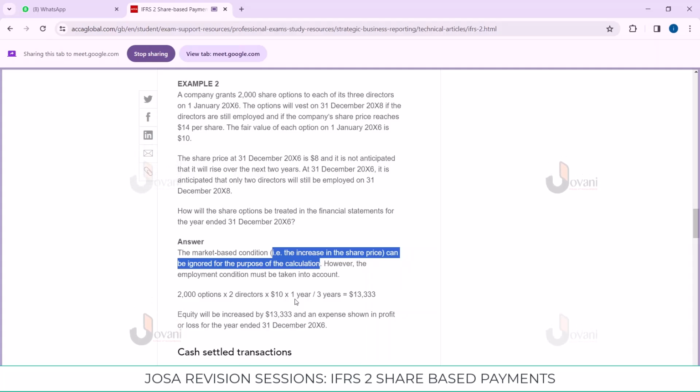So, we all know this formula. And by the way, in your exam, don't waste your time writing formulas. Dear students, there is no single mark for a formula. That is, number of options times employees remaining times fair value of the option, times the prorated time.